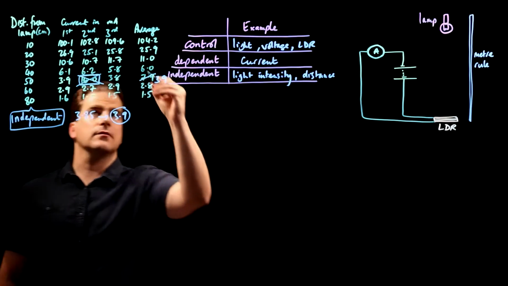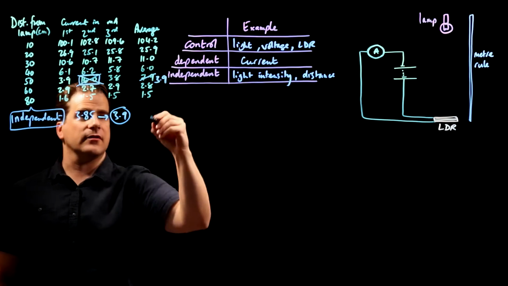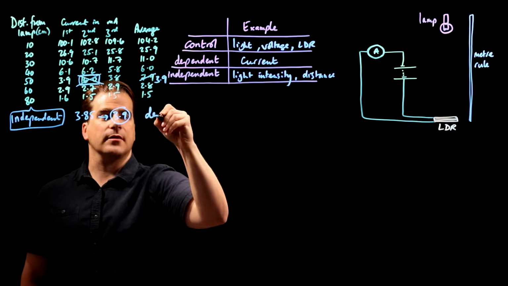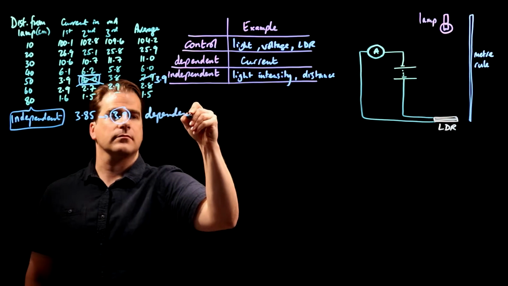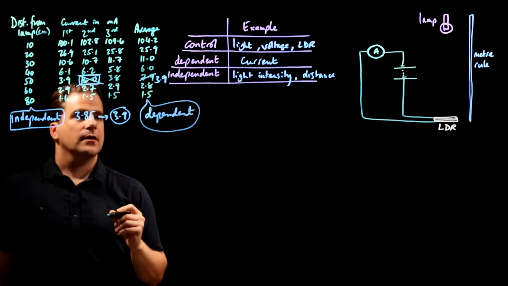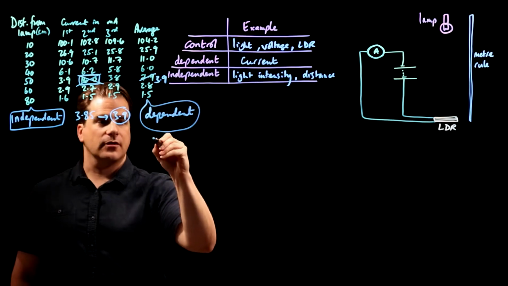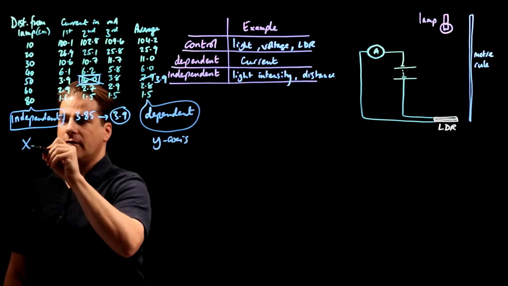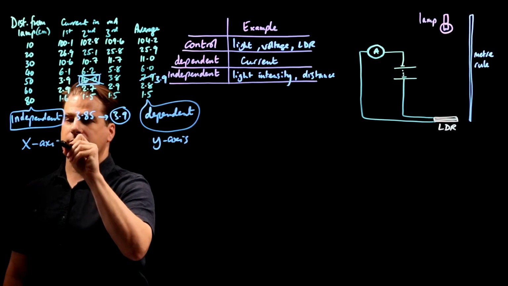And we're measuring current and taking the average. So this is the dependent variable. The dependent variable should go on the y-axis and the independent variable on the x-axis.